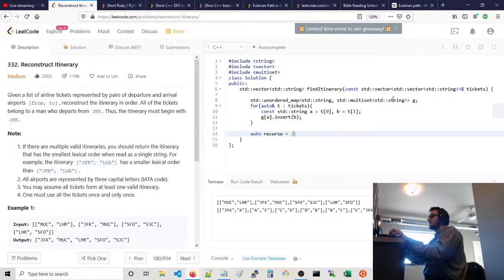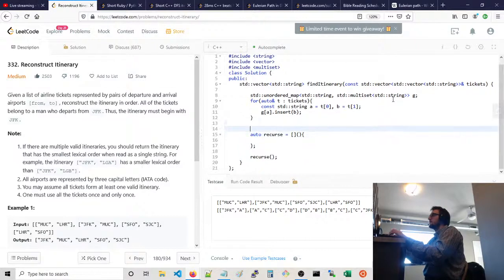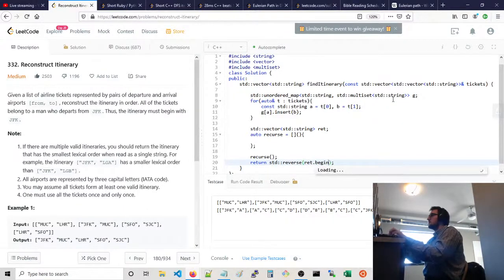It's not as much of a DFS as it is a recursion. And we're going to have a solution vector. Return vector. Reverse it, right? And we're going to say recurse.